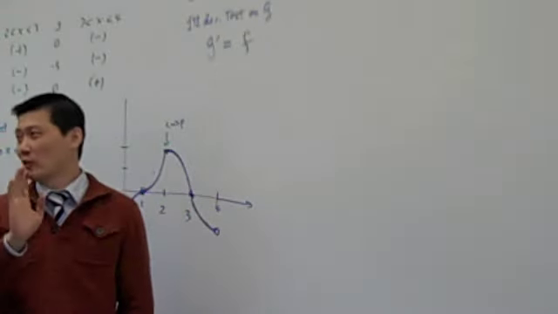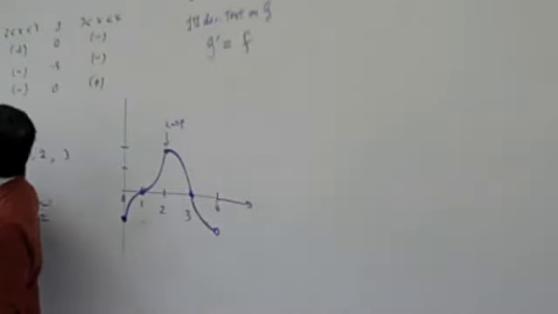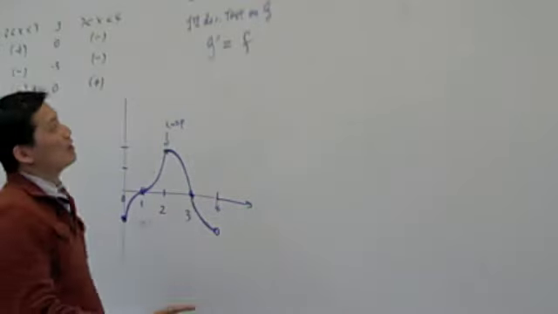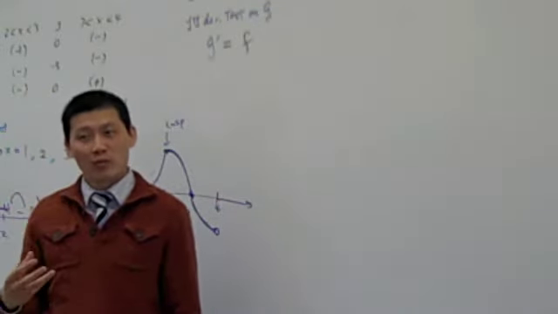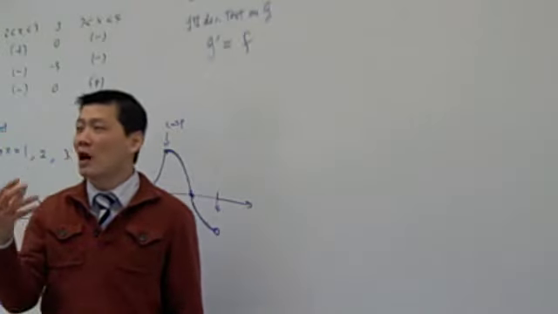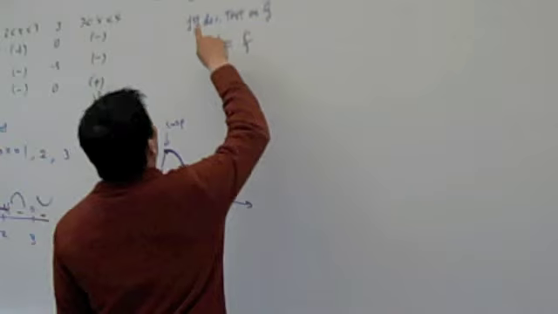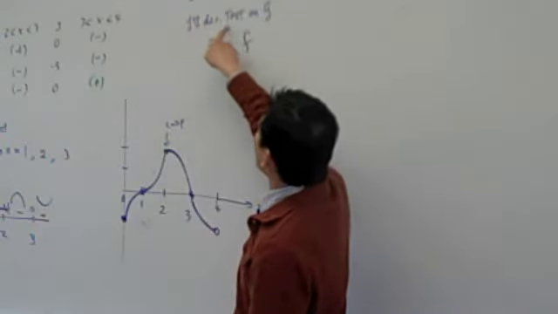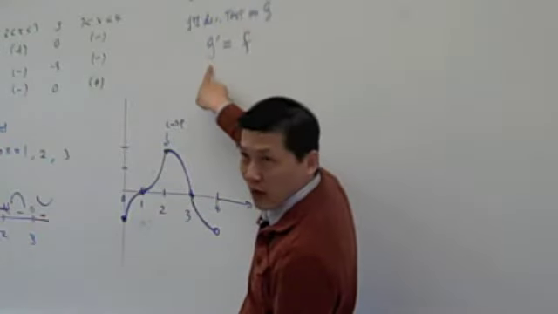You almost always, this will show up on all the problems that involve function analysis. Let me say it again. That's why the logic, the way I talk through this problem, is very important. I want you to model and mimic the way I think through these problems. They ask for extrema of G, so I immediately write first derivative on G. And then when I say first derivative on G, I write G prime.